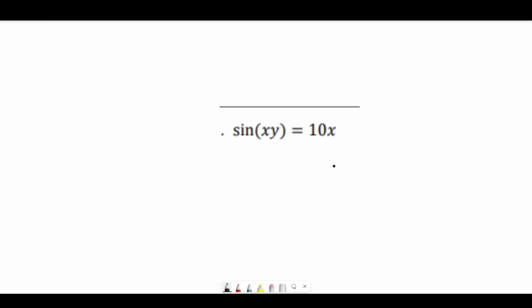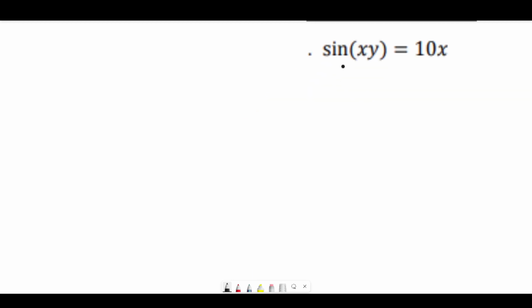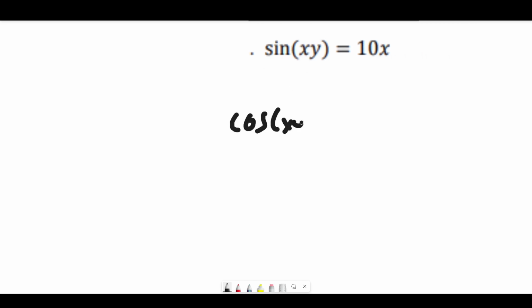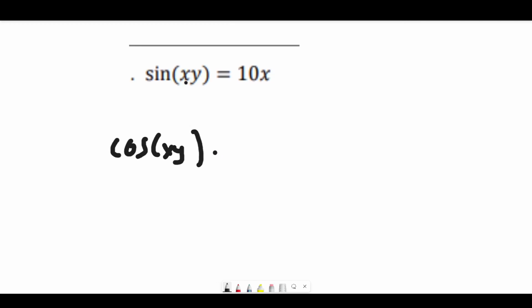So the next question isn't as rough. It's definitely a lot easier, but you're still going to be using the chain rule and product rule. In this case, we're going to take the derivative of the entire equation. So we're going to use the chain rule on sine of xy. So this will just be cosine xy, and then times the derivative of xy.